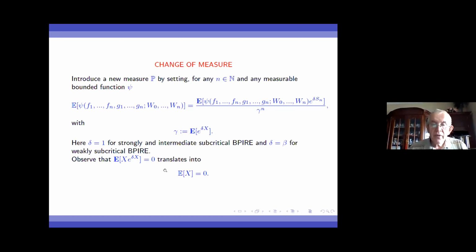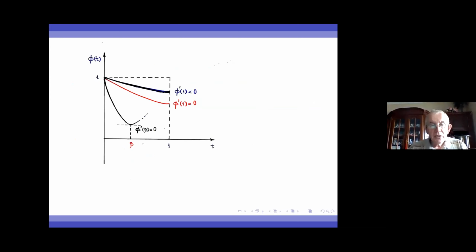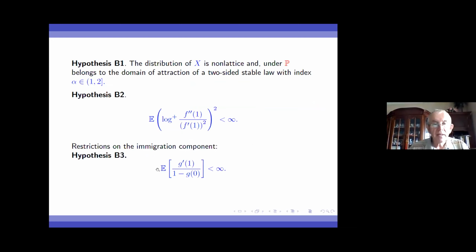And then if we make this change of measure and then make some tricks, then we are able to prove some limit theorem, and these are some conditions.